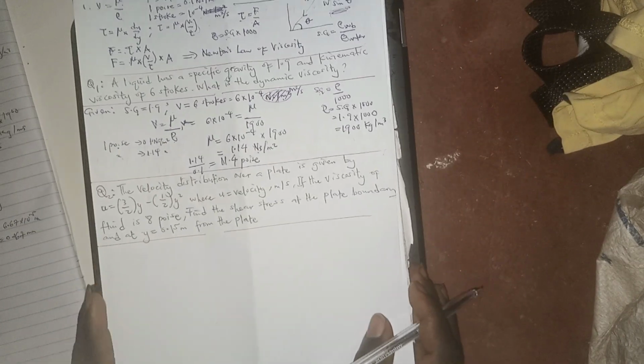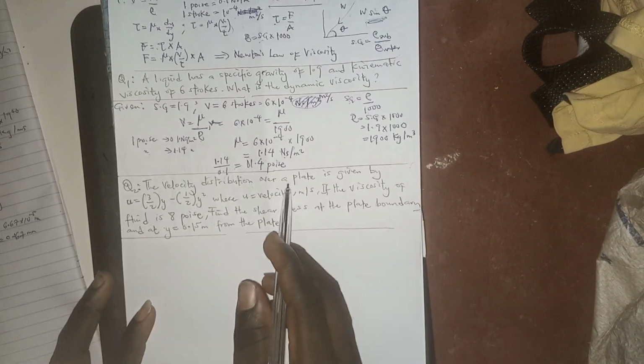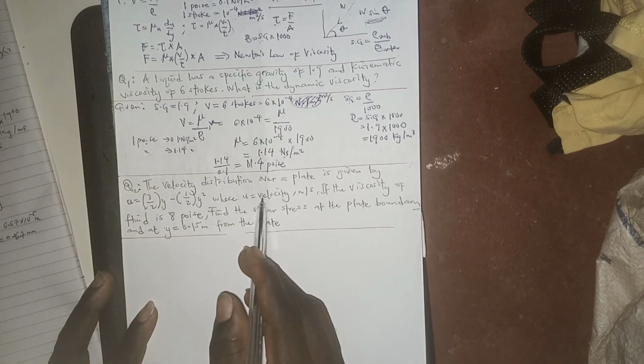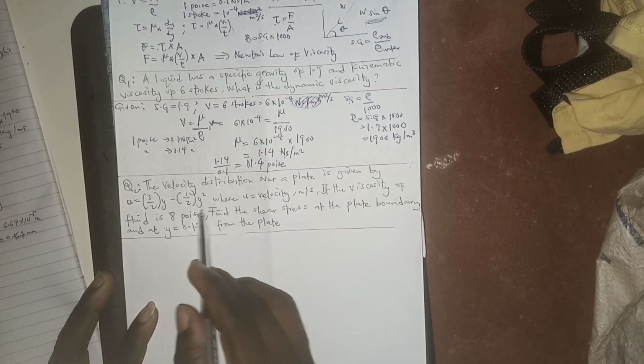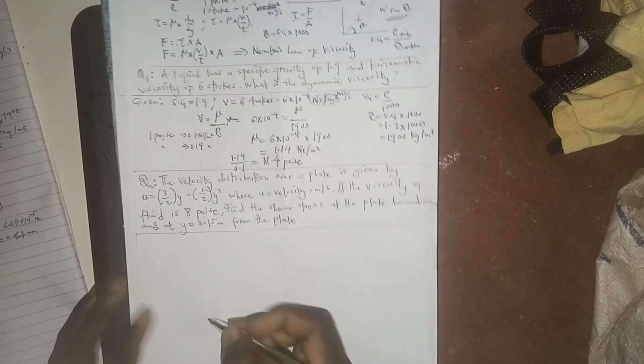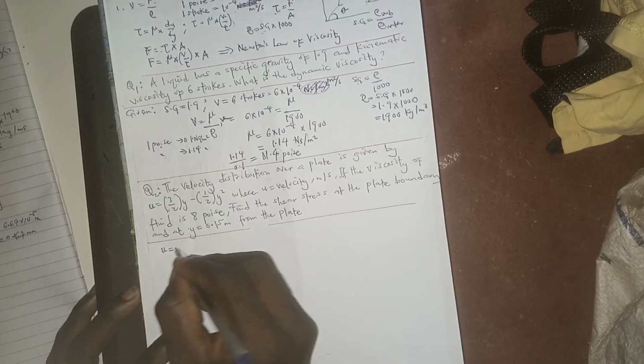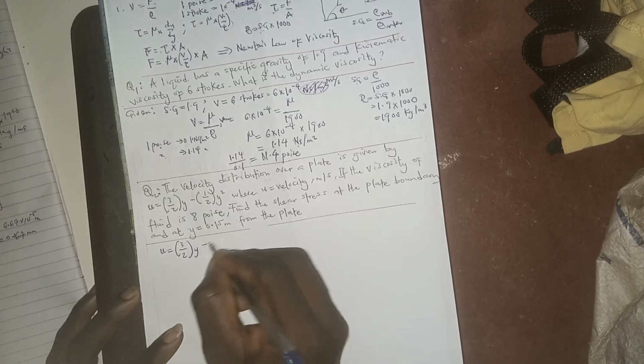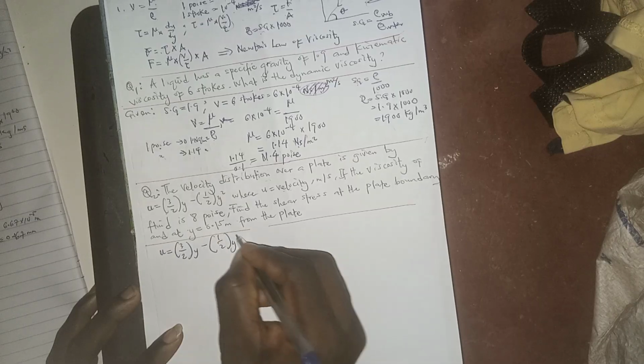Now the velocity distribution over a plate is given by this, and we have been told that this is the velocity. So remember that formula, we have du dy. That means we are differentiating this. So let us bring that out first. u is equal to 3 over 2 y minus 1 over 2 y squared.